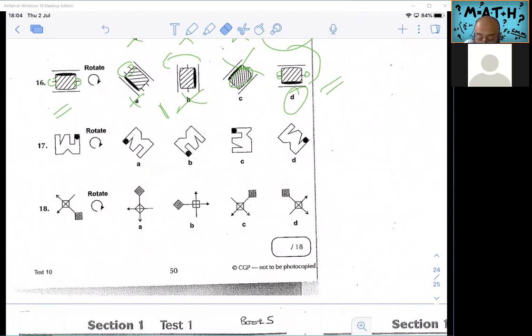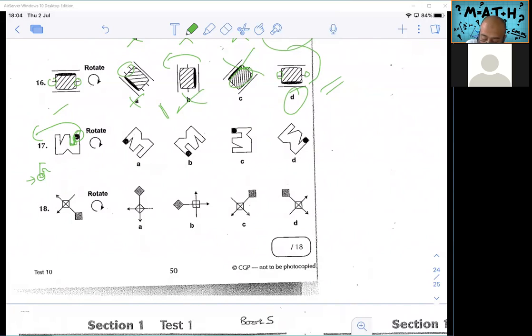Question number 17. If we turn that M around this way, that black little blob there will be on the left-hand side. So it won't be, let's have a look. We need to make sure we have a flat, like a rectangle here.